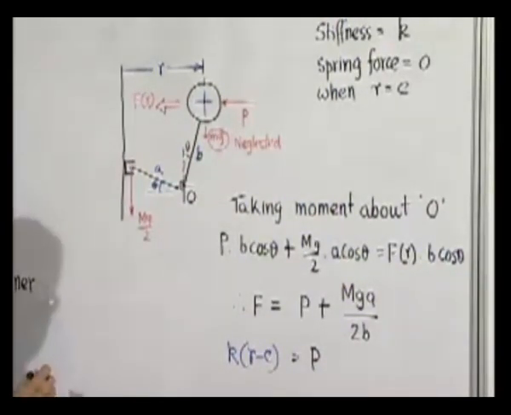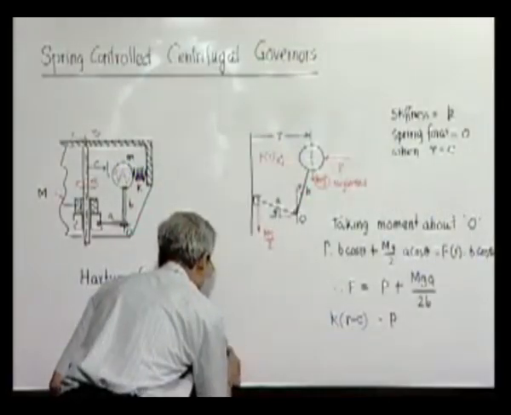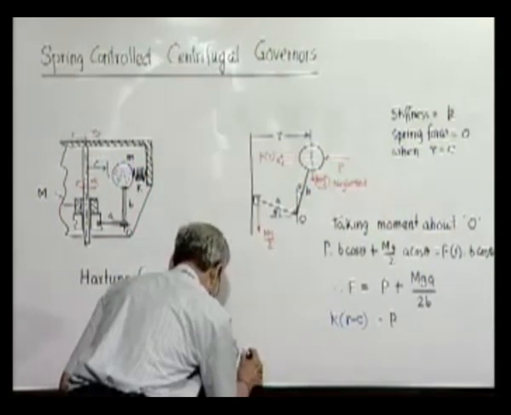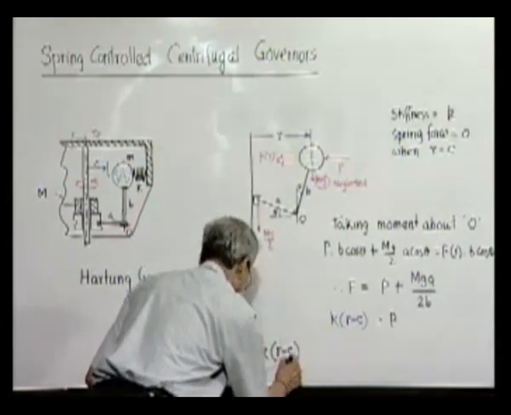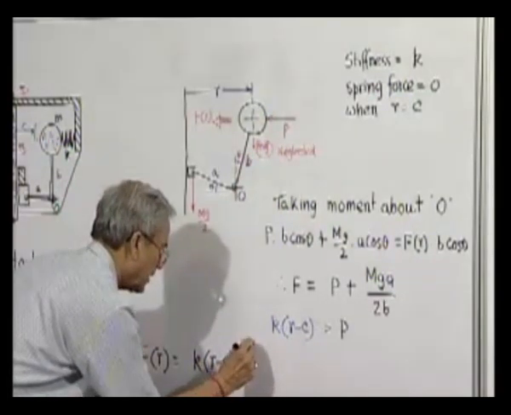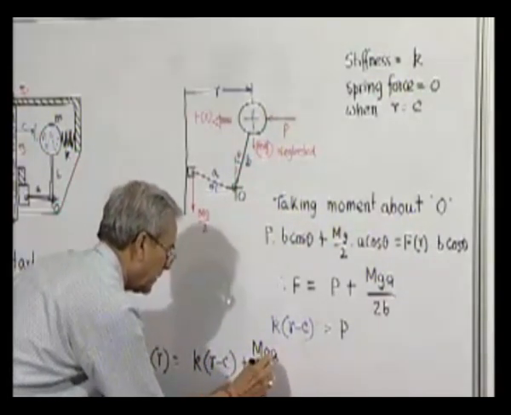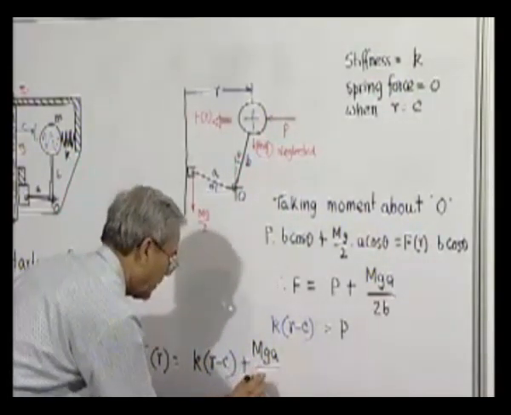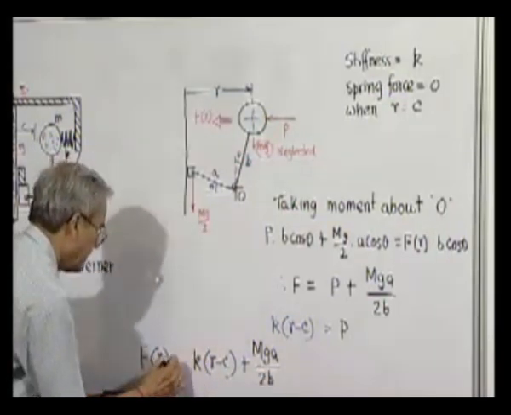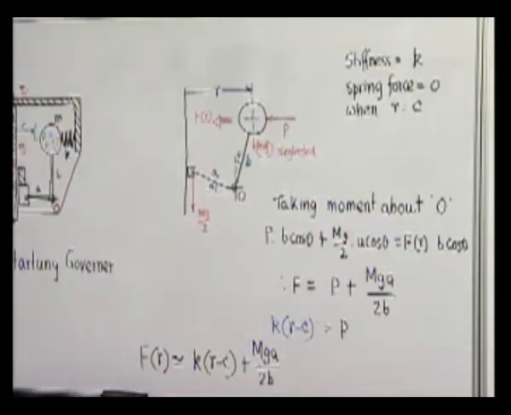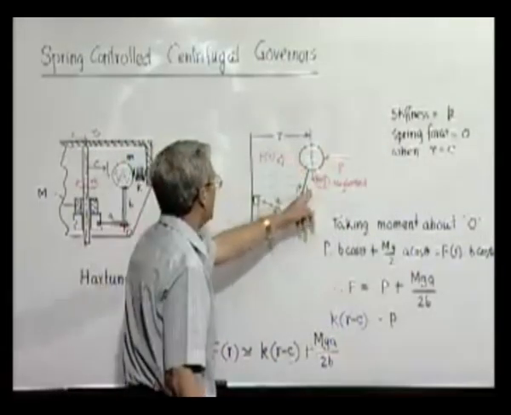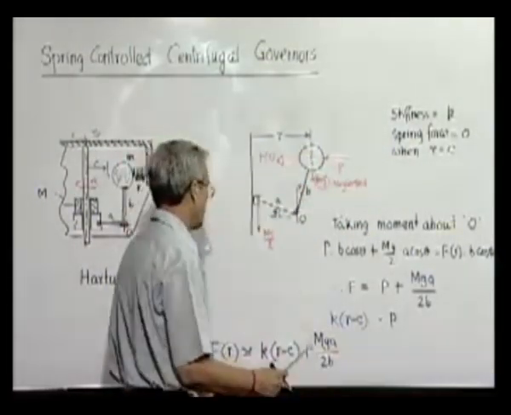So finally the control force Fr is expressed as K into R minus C plus... but we have to keep in mind that this is approximate. Why approximate? Because we have ignored the effect of this mg, assuming that this mass is not large.